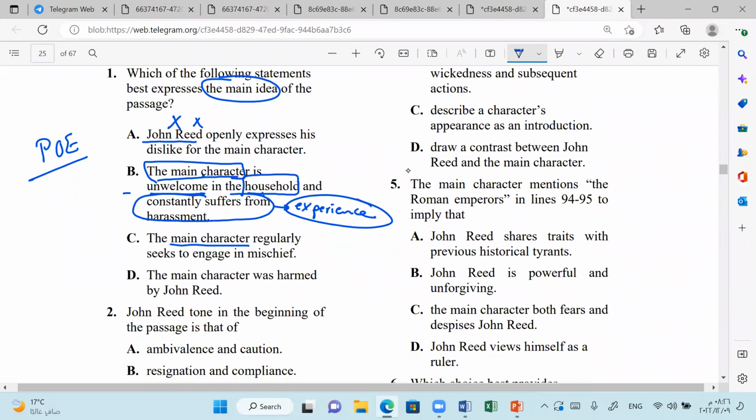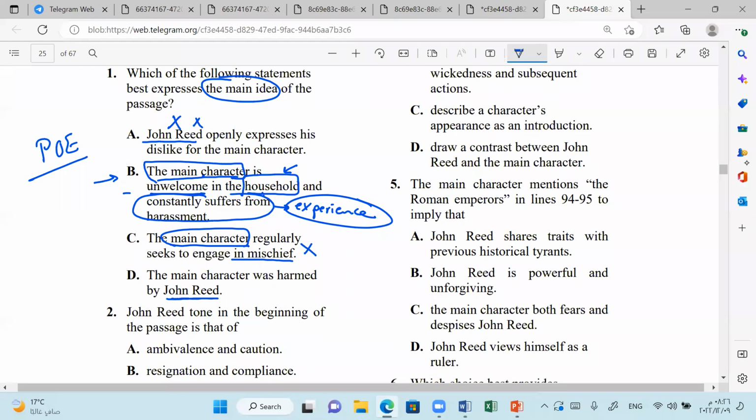The main character regularly seeks to engage in mischief. I have only the main character. I didn't have any reference to the household. So which one has more elements related to the blurb? B so far. Letter D, the main character was harmed by John Reed.